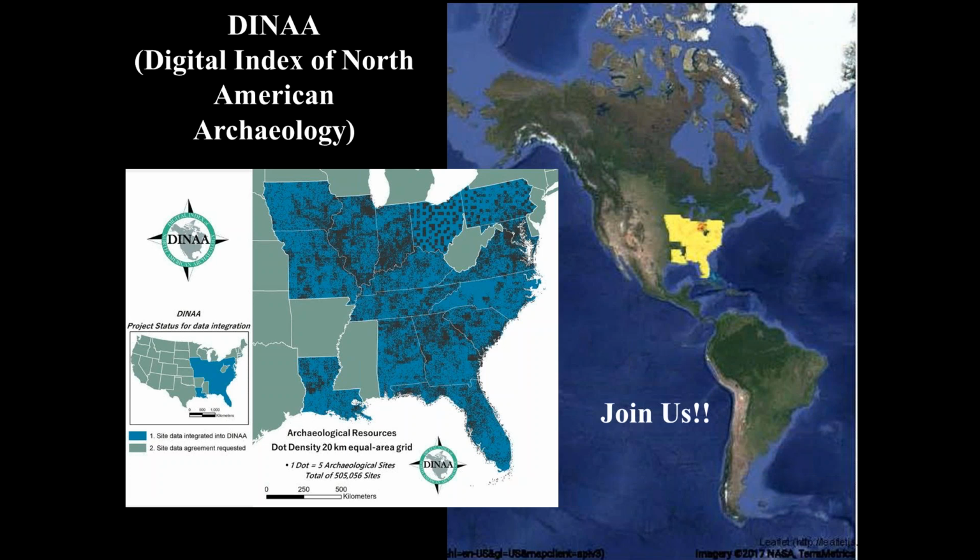The actual data structure is very graph-like, but we're not using a triple store for a variety of reasons. And the index that indexes all of the different site entities and other entities in DINAA and other projects that Open Context publishes is a software application called Apache Solr. Apache Solr is widely used in library and other information management systems. It supports faceted search, is scalable, and is pretty fast.